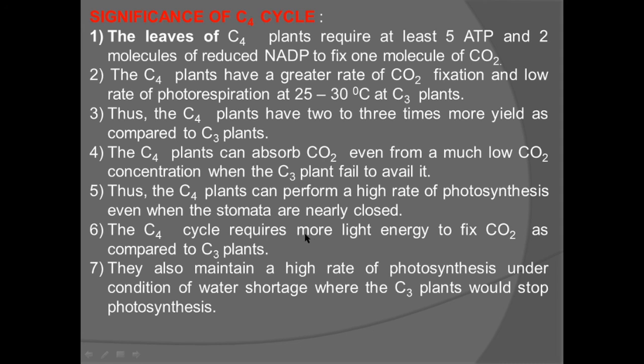The C4 cycle requires more light energy to fix carbon dioxide as compared to C3 plants. They also maintain a high rate of photosynthesis under conditions of water shortage, where the C3 plants would stop photosynthesis under the water shortage.